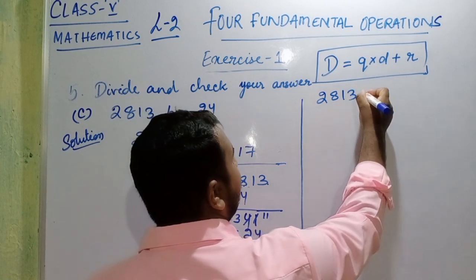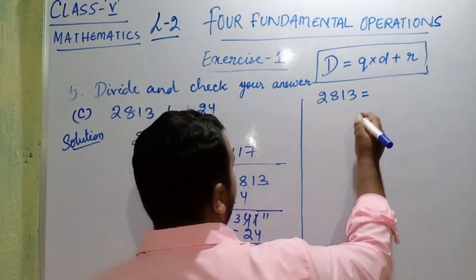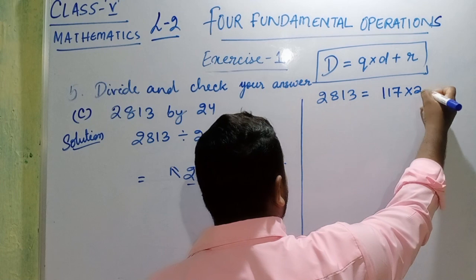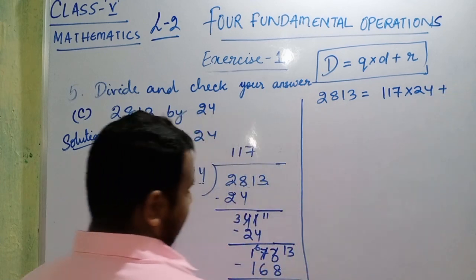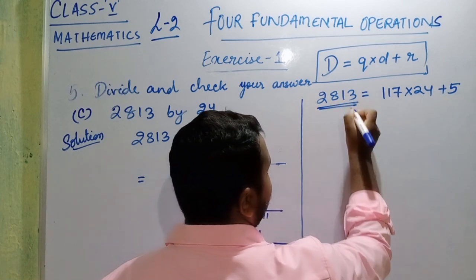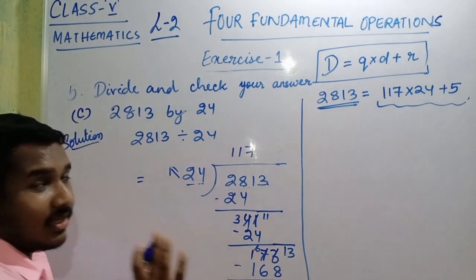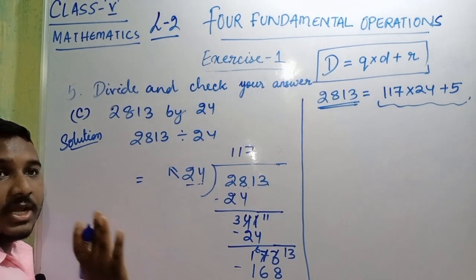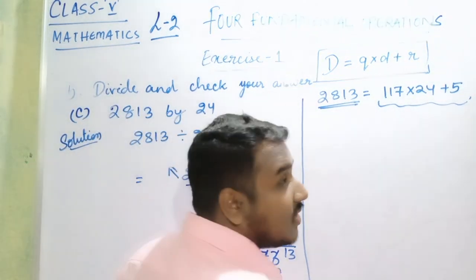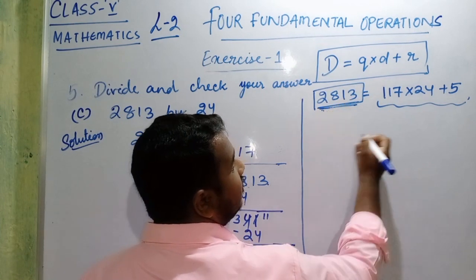Whether this will come or not, equals to, we have to find quotient 117 into 24 plus remainder, which is 5. This is a lengthy question, so you should do it in a proper way. First you have to divide, then you have to do the checking portion. You should get this much.